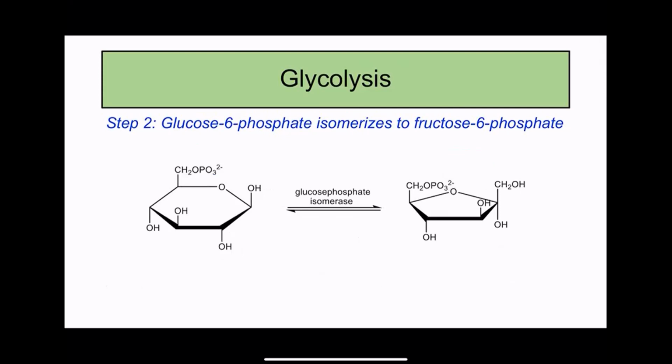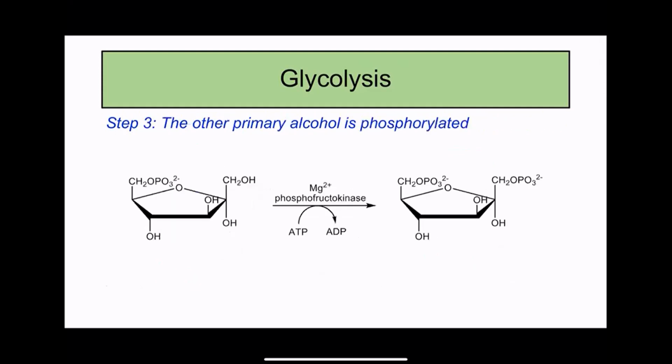And so, yes, it goes from glucose to fructose. Your third step is going to be phosphorylating the other primary alcohol. So this guy right here, which you just formed because you converted into fructose, is going to get phosphorylated.